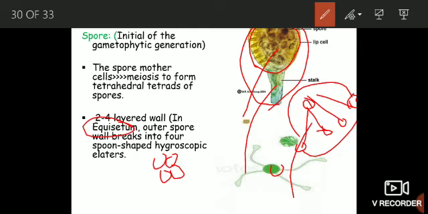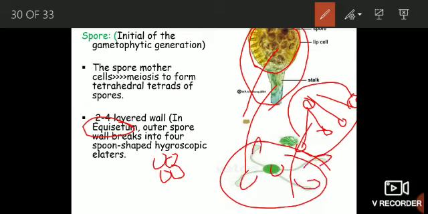You have to remember the spore wall in pteridophytes is 2 to 4 layered. In Equisetum, the outer wall layer breaks up, forming 4 spoon-shaped hygroscopic elaters, which can lose water as well as gain water. And these elaters help in the dispersal of the spores.